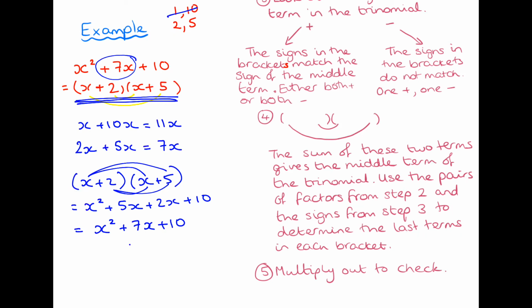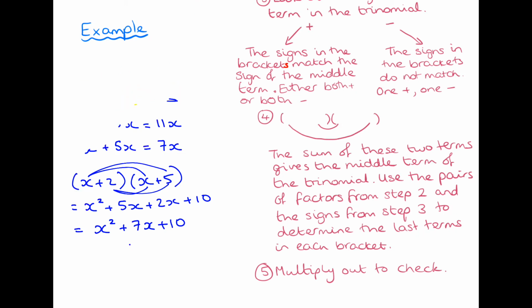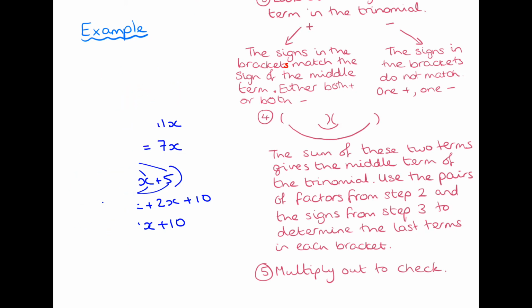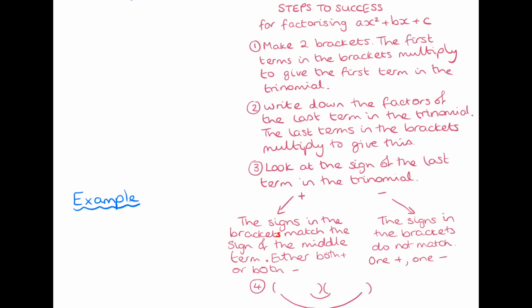Okay, right, we've got time for 1 or 2 more examples. We're going to change the signs a little bit now, so we go the other way at step 3. So this time we're going to start off with x squared minus 6x plus 8.